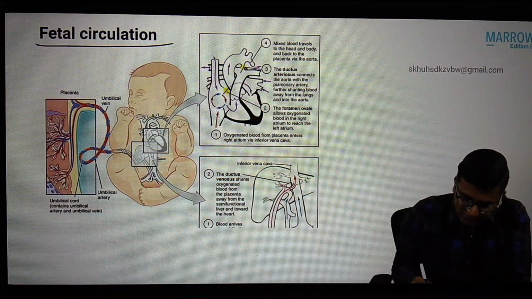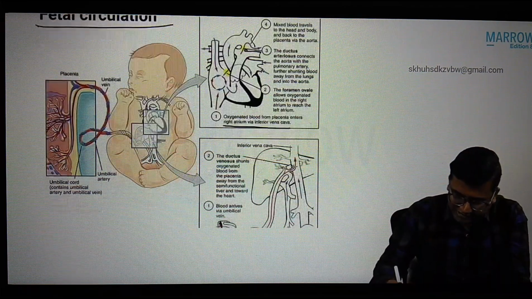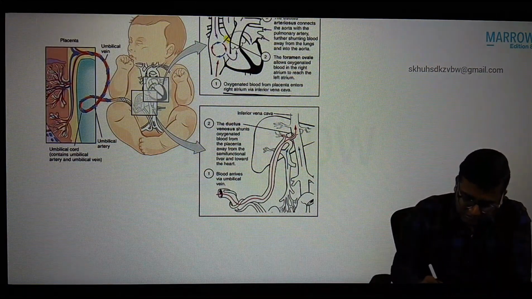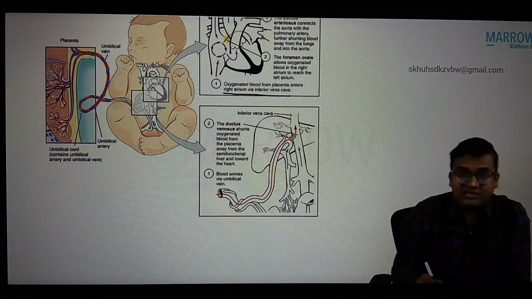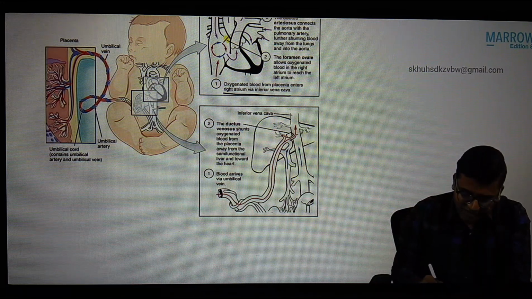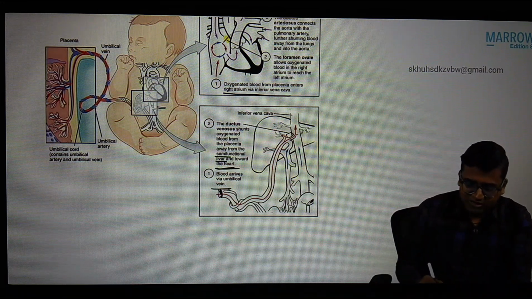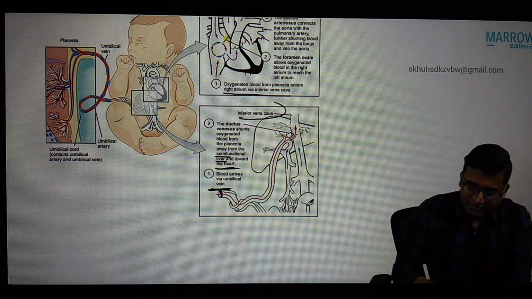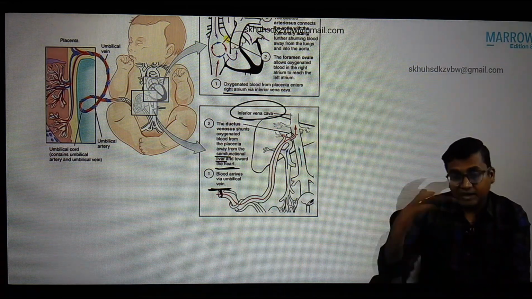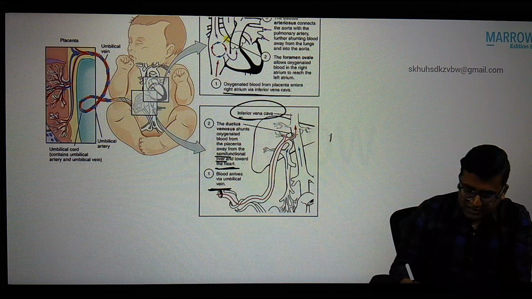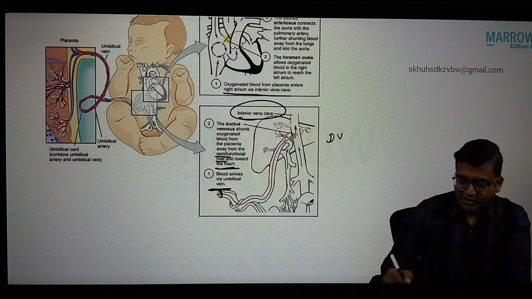The oxygenated blood from the placenta enters the right atrium via the inferior vena cava. The ductus venosus shunts the oxygenated blood from the placenta away from the semi-functional liver towards the heart. So from the left umbilical vein, the blood is given to the inferior vena cava, bypassing the liver through this ductus venosus.